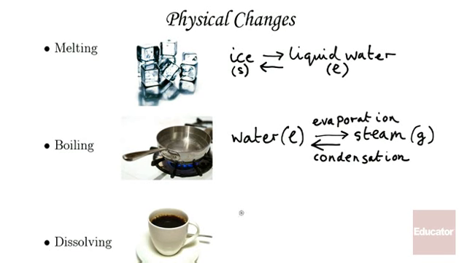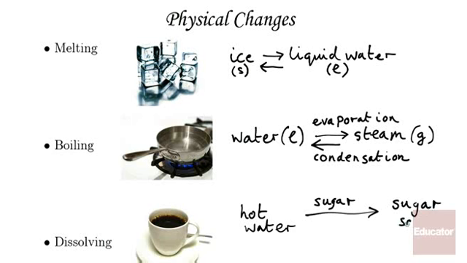And so here we have hot water. We're adding to it some sugar, and we're making a sugar solution. We've seen above how these two processes can be reversed by changing the physical circumstances, the temperature, the surroundings, and so on.